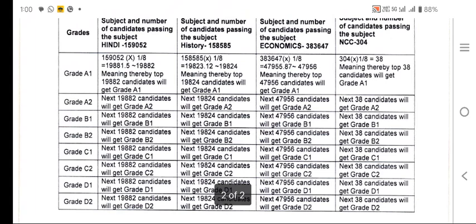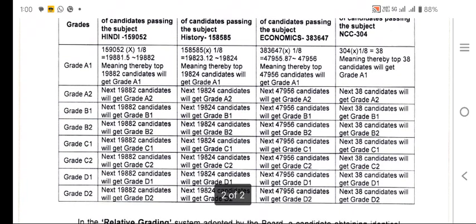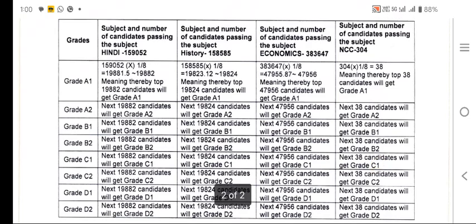First, 1,59,052 into 1/8, that means 19,881.5, roughly 19,882. Meaning thereby the top 19,882 candidates will get A1.